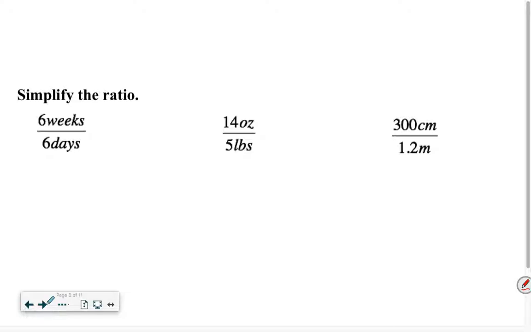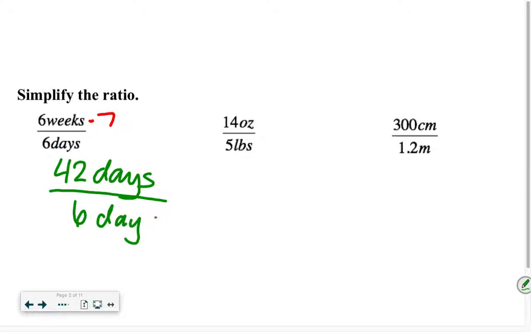How many would I have to multiply? How many days are in a week? 7. 6 times 7 is what? 42. So I have 42 days, because 7 days in a week, over 6 days. Now can I simplify that fraction?